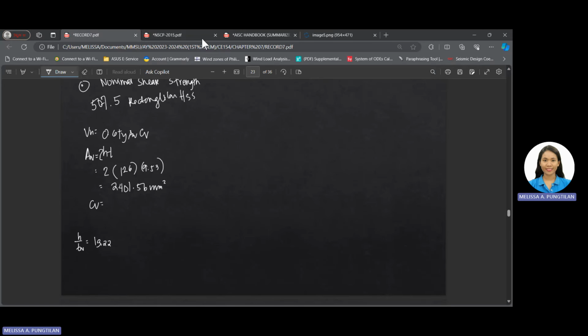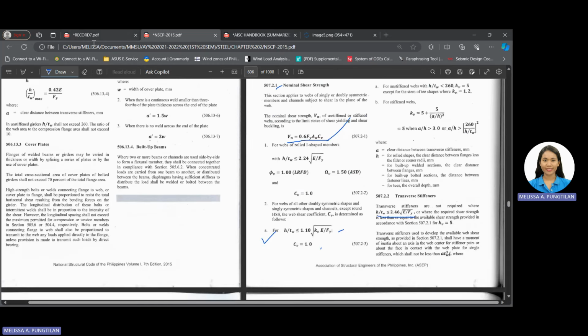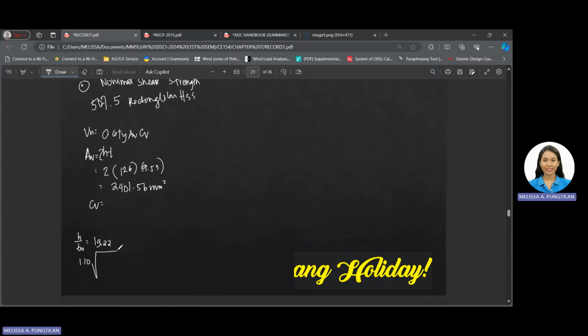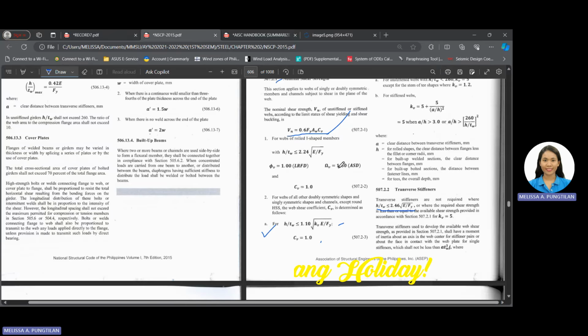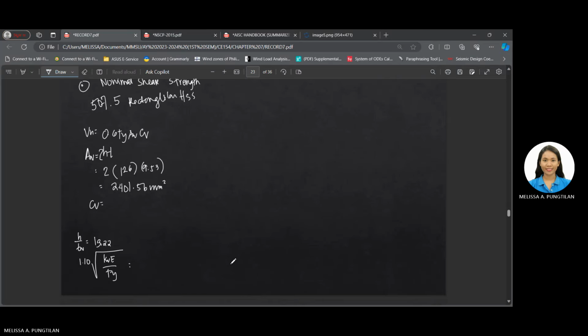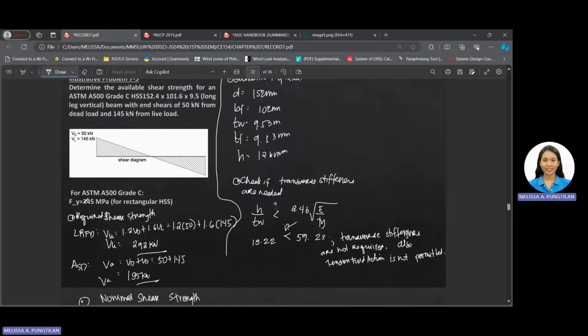Okay, next, 1.1 square root of Kv E over Fy. So, yung Kv natin, according to section 507.5 is equal to 5. Yan, Kv is equal to 5. So, we have 1.1 square root of 5 times 200,000 divided by 250. Or, ano yung Fy natin? 345 pala. 345.